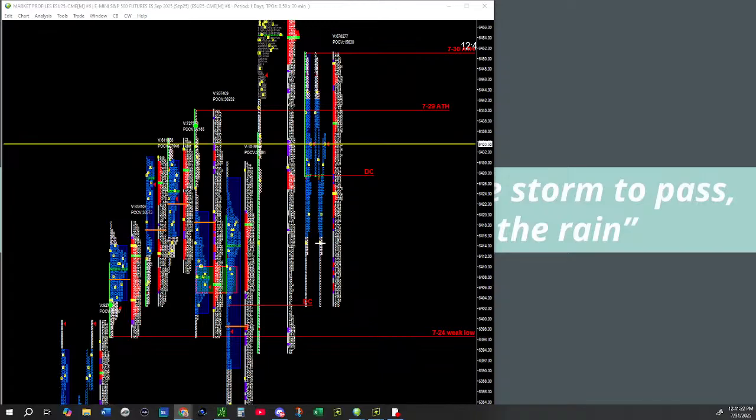I don't know how long that's going to last. Nobody can tell us how much further this market can stand. But so far, that is what I was watching.